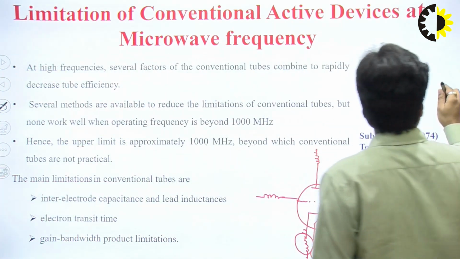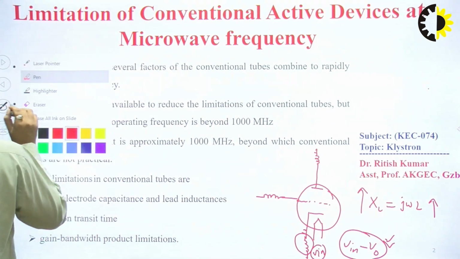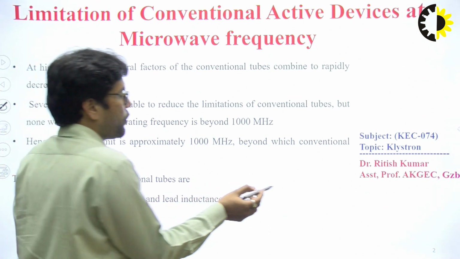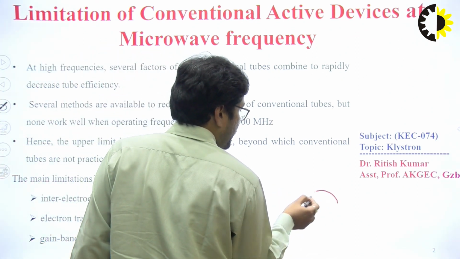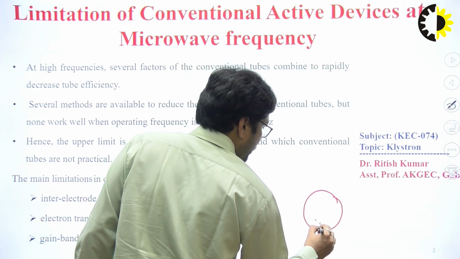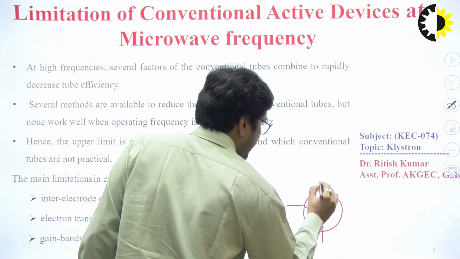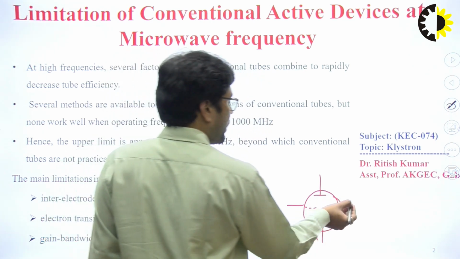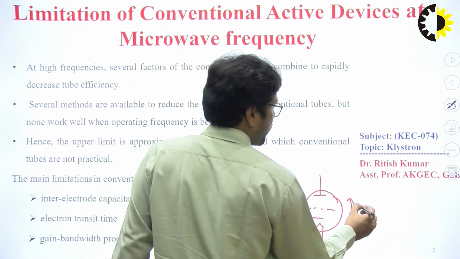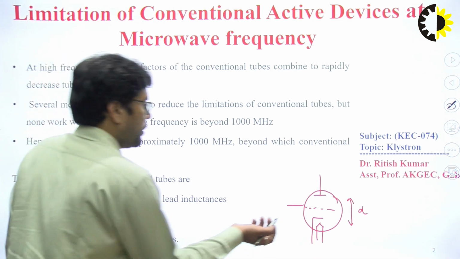The next one is the electron transit time. What is the electron transit time? It is the time taken by an electron to reach the anode from the cathode. This is the cathode, this is the grid, this is the anode. The time taken by the electron from cathode to anode is called the transit time.